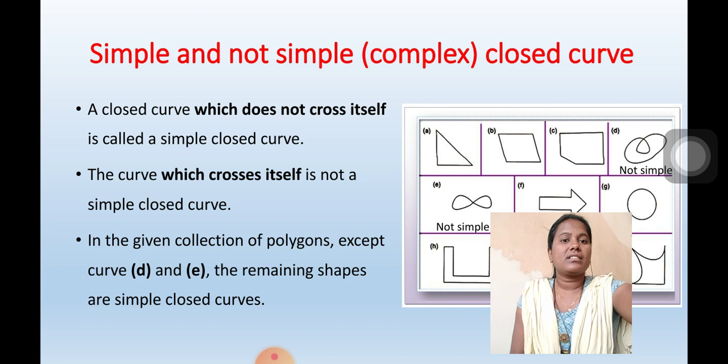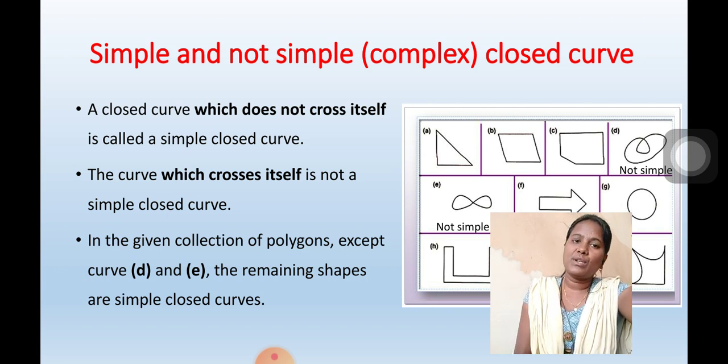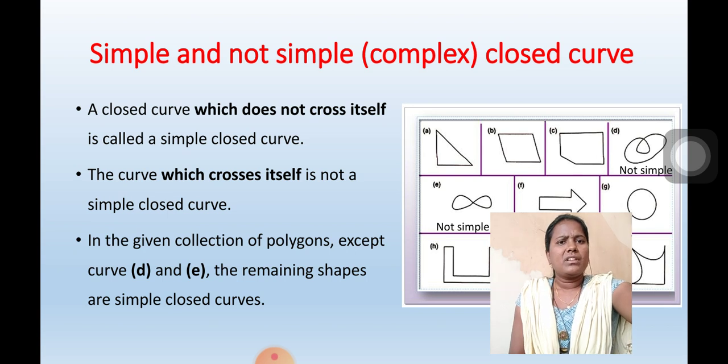Now let us go to the next page, that is simple and not simple, that is complex, closed curves. A closed curve which does not cross itself is called a simple closed curve.